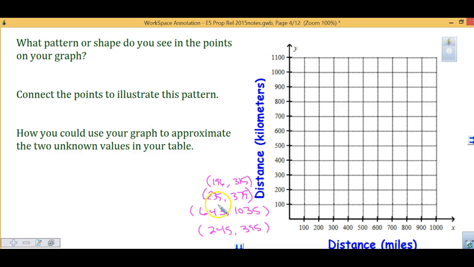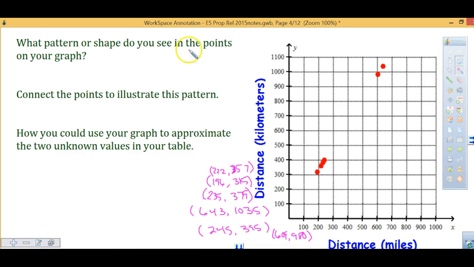And I'm going to pause the video in just a minute so we can plot these. We also had 609 to 980. And our last one that you are going to plot was 222 to 357. So please pause the video for a little bit and plot these points.